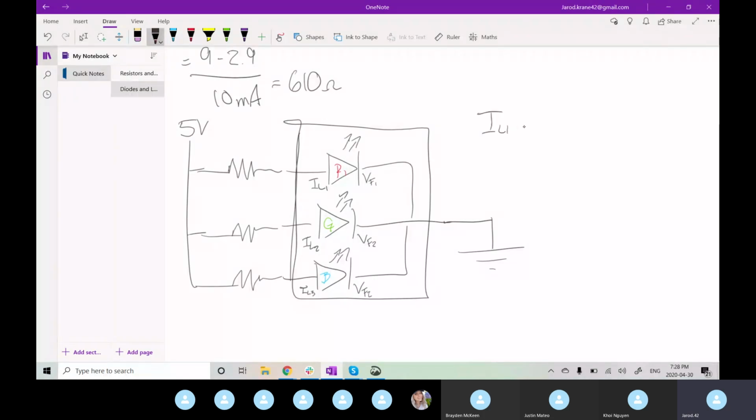Yeah. So if all the currents are equal, but forward voltage 1 is at 2.1 volts, your green is going to have 2.6.